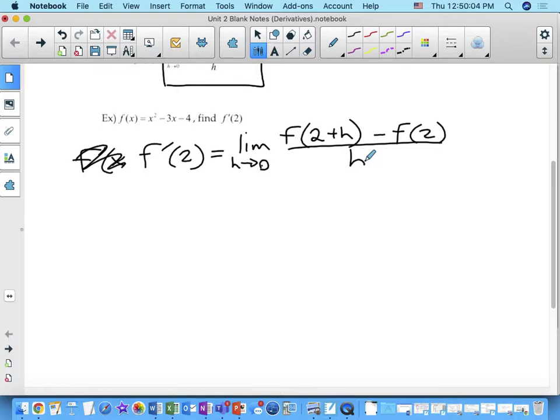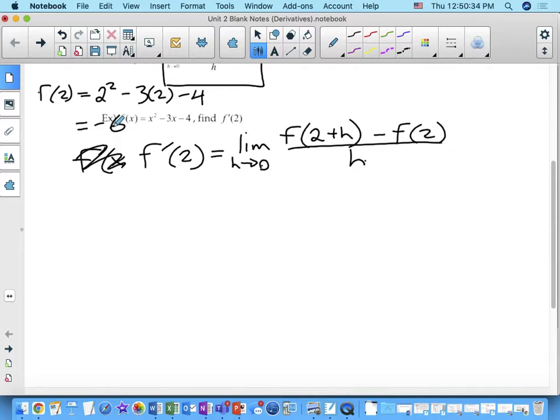Let's go ahead and find this. Firstly, let's just figure out f of 2. f of 2 is 2 squared minus 3 times 2 minus 4, and that's what? 4 minus 6 is negative 2, minus 4 is negative 6, I think.